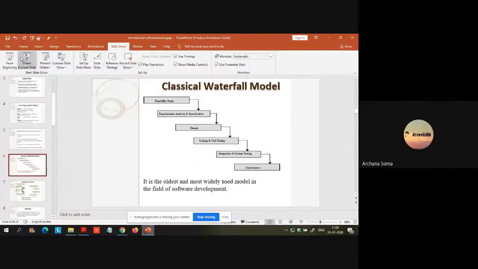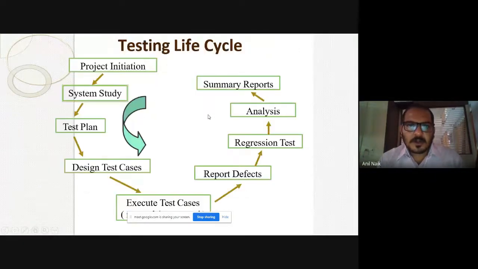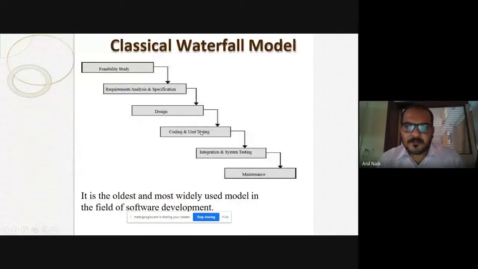Yes, sir. Okay. So the feasibility study, requirement analysis, specification, designing, coding and unit testing, integration and system testing, and maintenance. So this is the waterfall model. These are different phases.